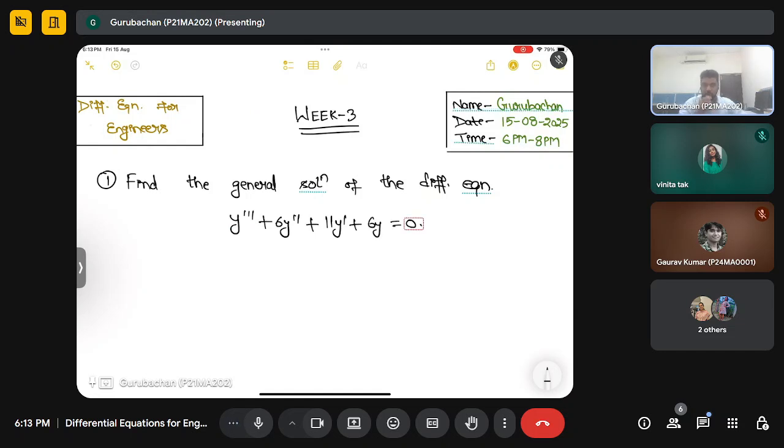Here dash denotes the derivative, and triple dash means the third derivative of y with respect to x. So try this one, then we'll discuss it.